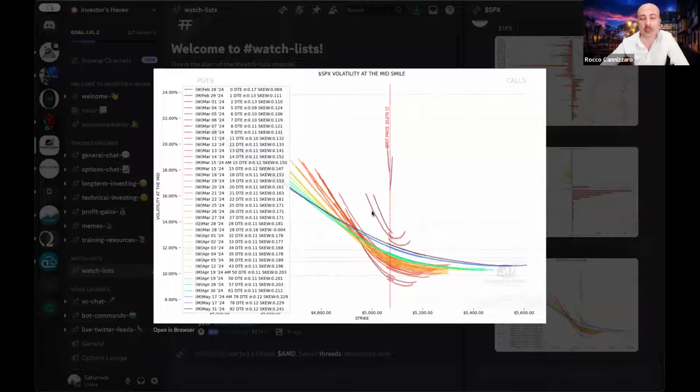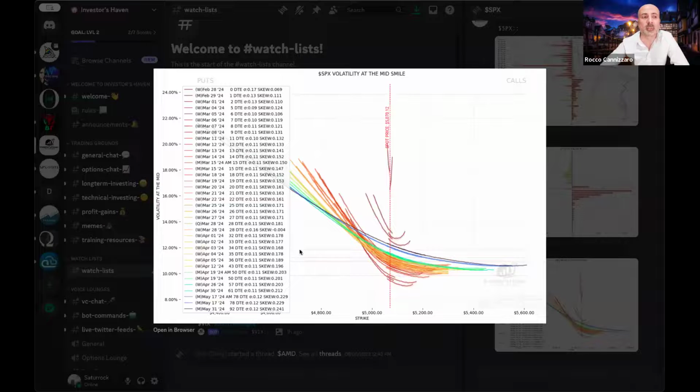You may be better off buying a put spread and then selling it, because if you just sell a put spread, you're going to get very little premium, and for that premium, you're actually taking a lot more risk, obviously, for a given width of the spread.